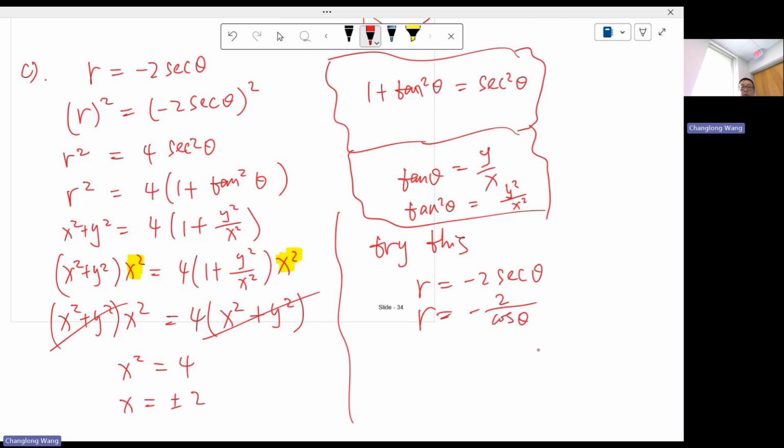Now, how about I get rid of the denominator, just like I did over there, right? So I'll multiply both sides by cosine theta. So r times cosine theta equals -2 over cosine theta times cosine theta. And once again, I was just multiplying the same thing on both sides of the equation.